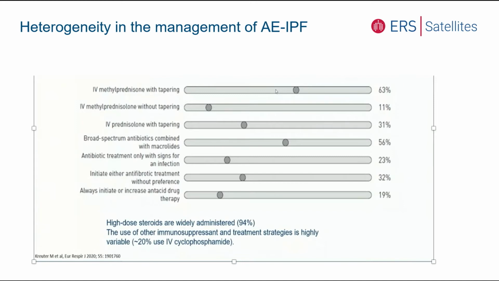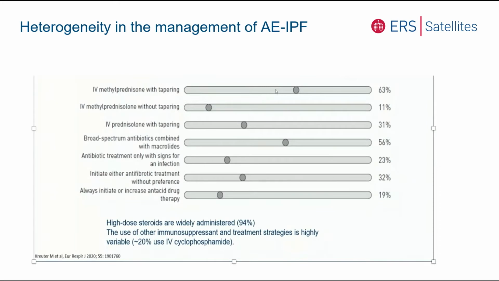And the impact of acute exacerbation is well known in IPF. We know this is a lethal event with high mortality in the disease course. And about the management, we have huge confusion.